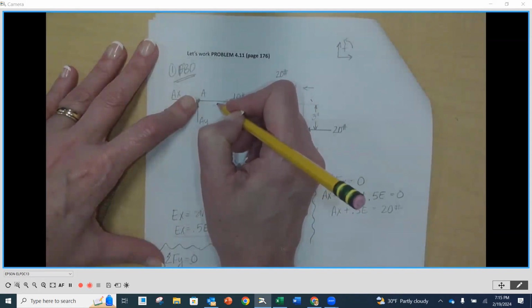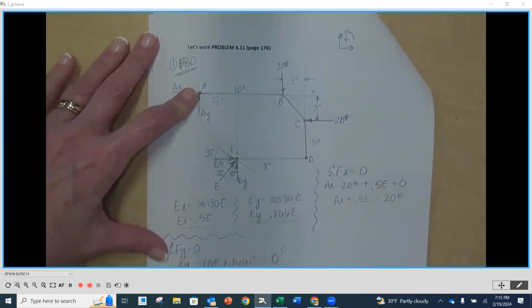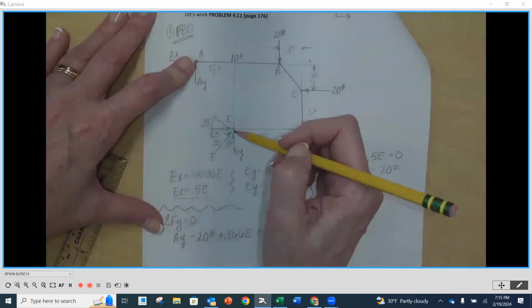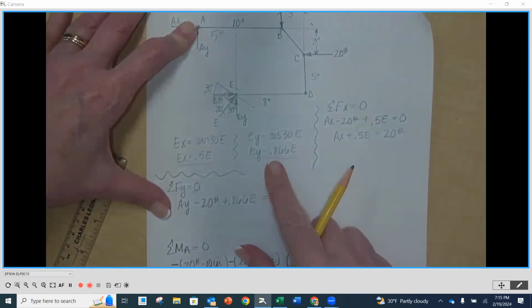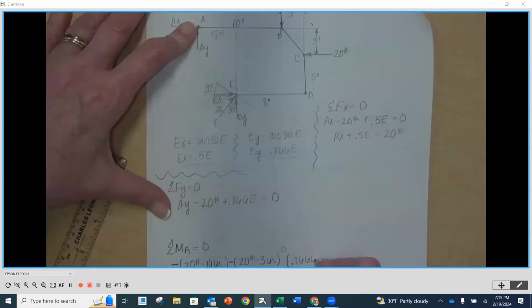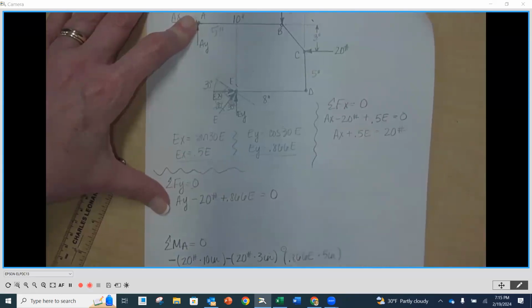Is that 5? Yeah, it is. I don't know why 6 was popping in my head. So 5 inches from the EY. So remember, our EY is 0.866 E. That's the magnitude of EY times its perpendicular distance of 5 inches.